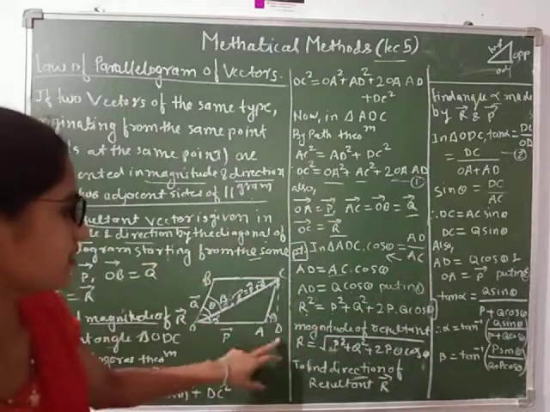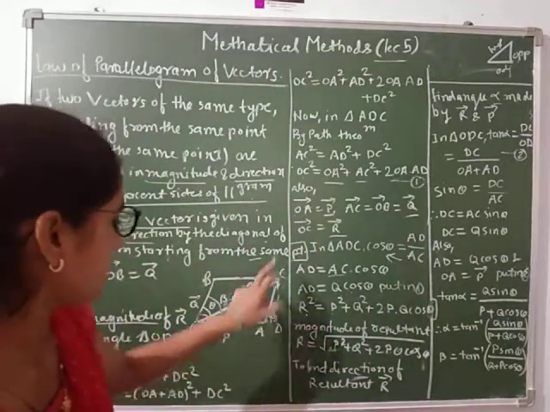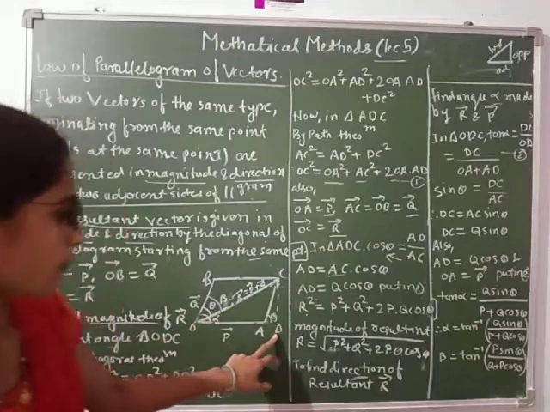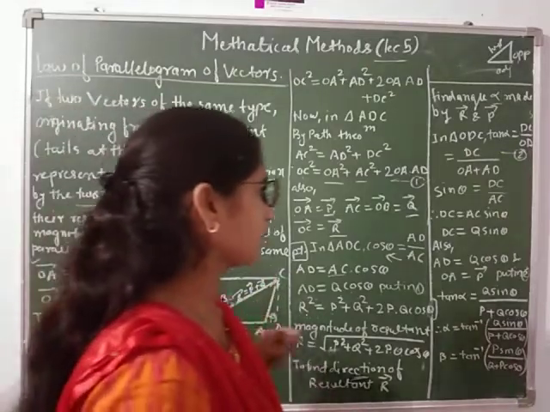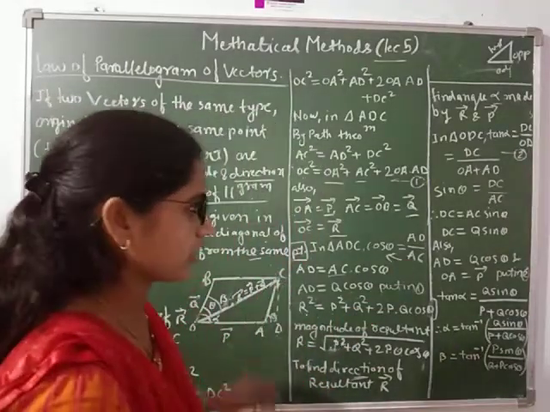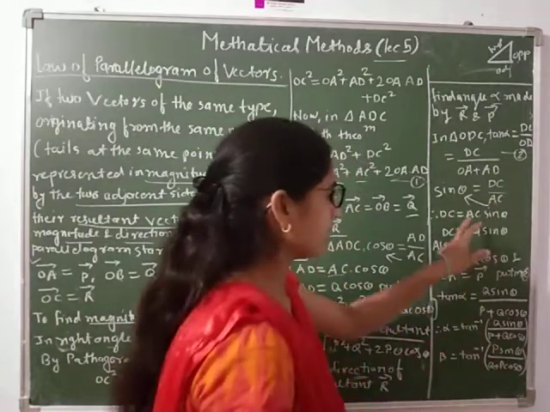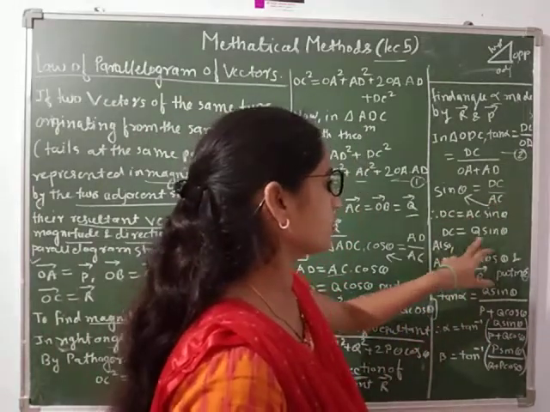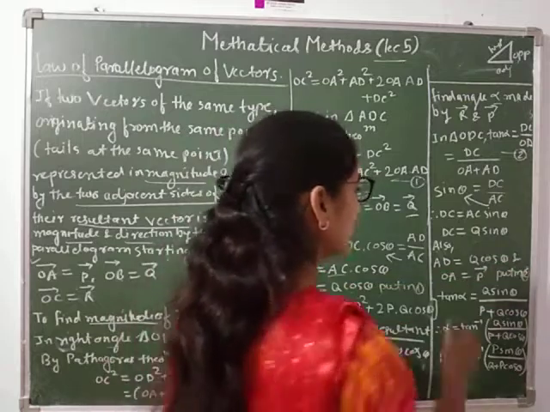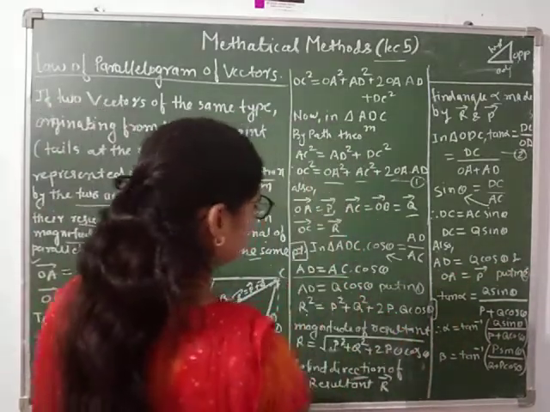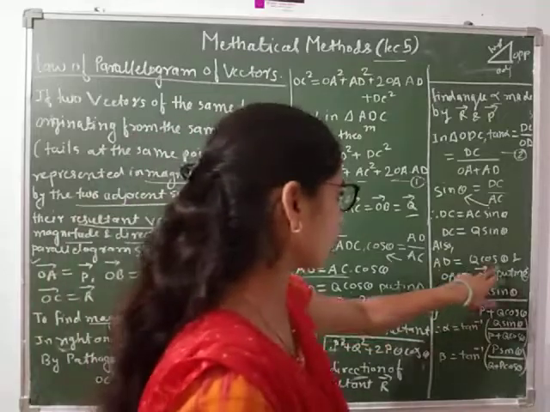From triangle ADC, sin theta is DC upon AC. DC is the opposite side and AC is the hypotenuse. So DC is equal to AC into sin theta. AC is Q, so DC is equal to Q into sin theta. Also we have already found that AD is equal to Q cos theta.